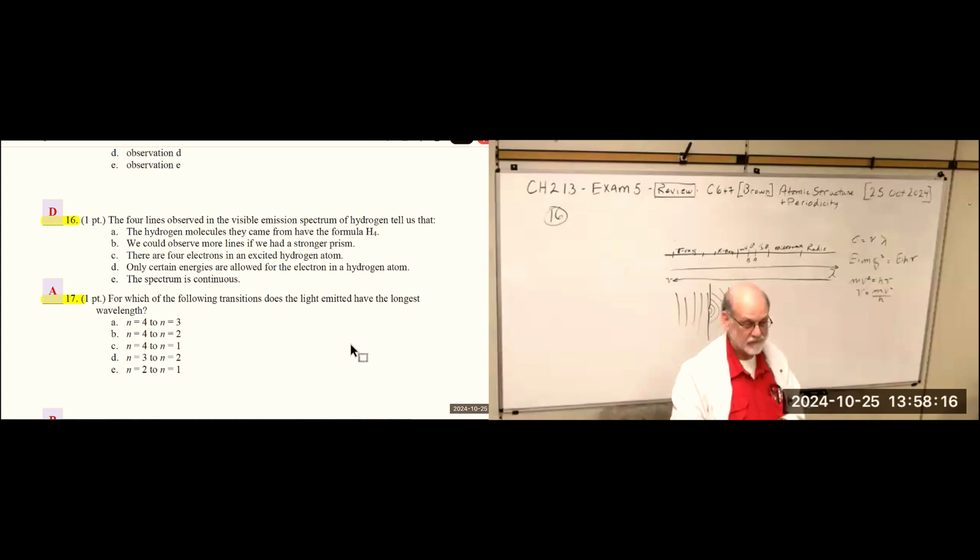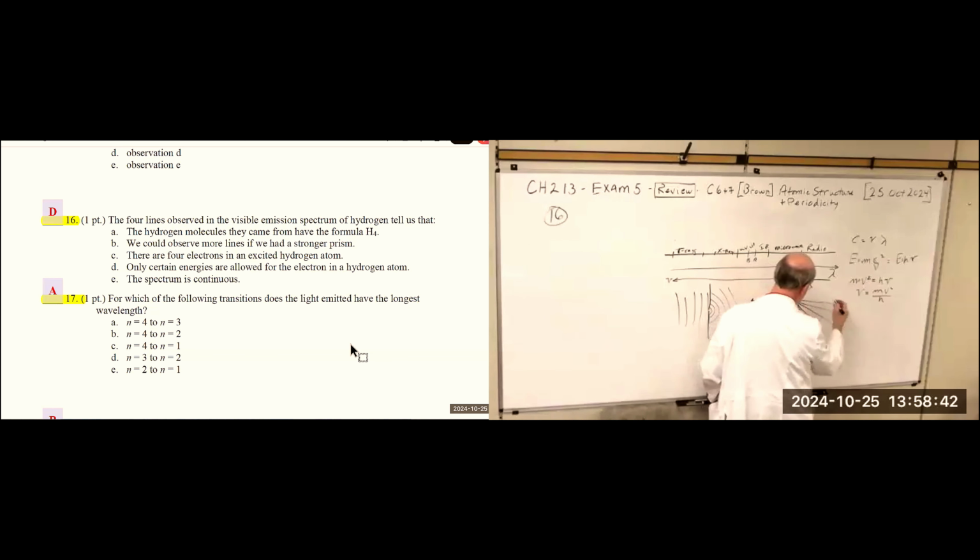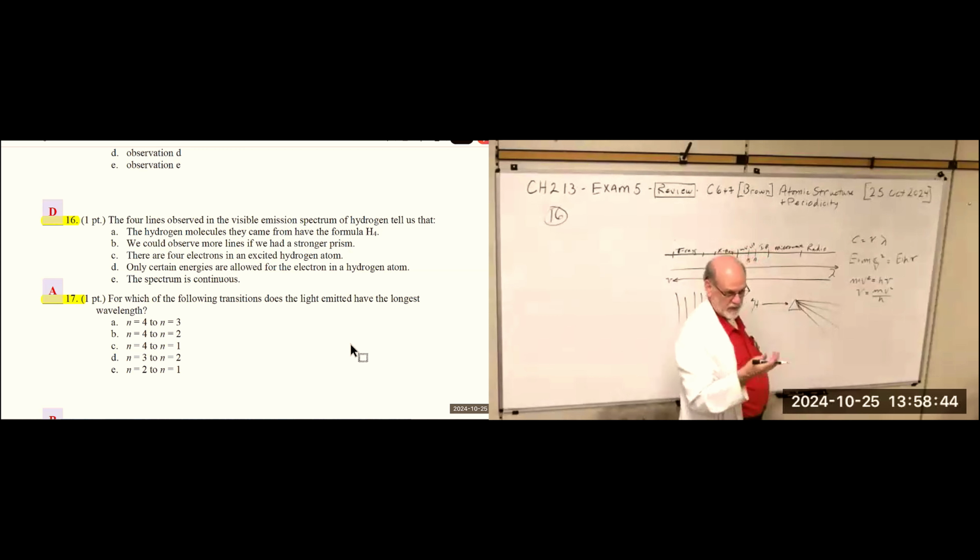That's been tried. In fact, the emission spectrum of hydrogen was placed in a beam of hydrogen. Actually, it was deuterium. If you get the spectrum like this, then it's going to split into four visible wavelengths.